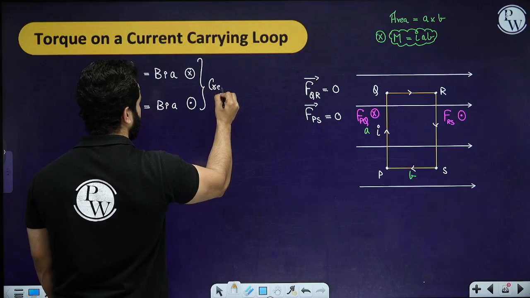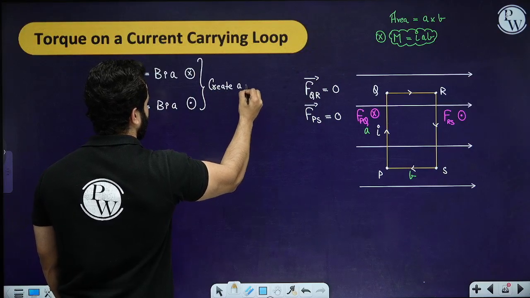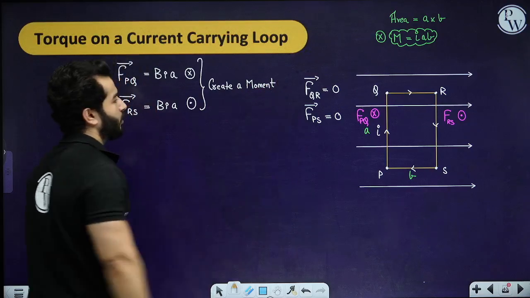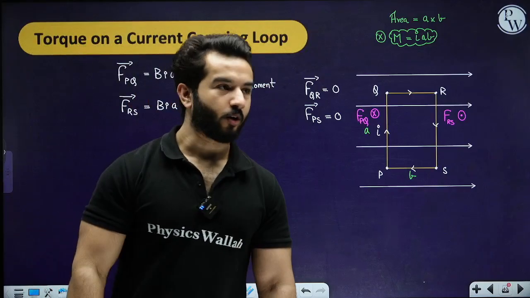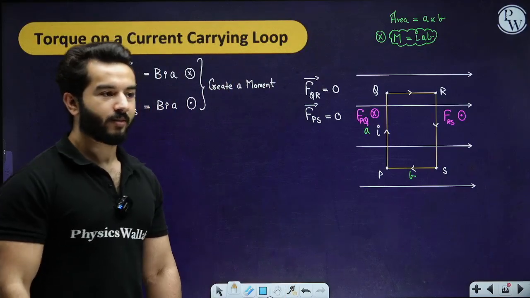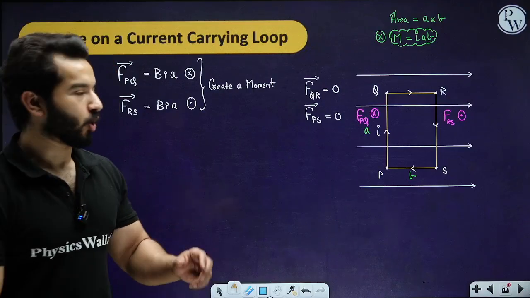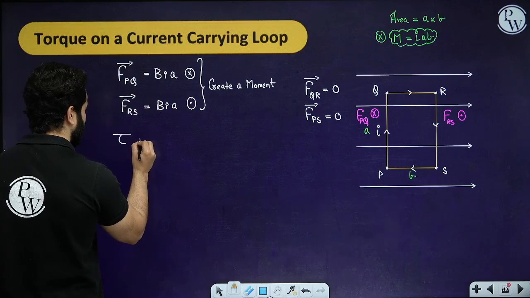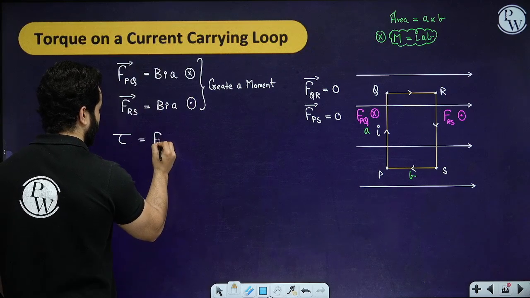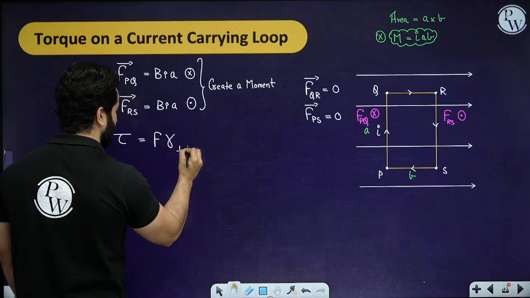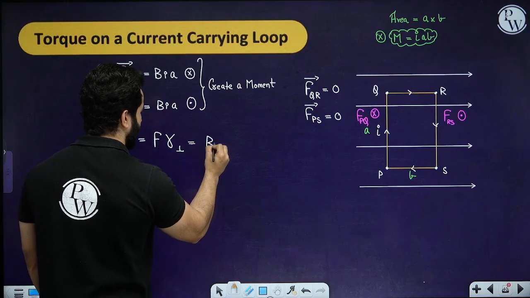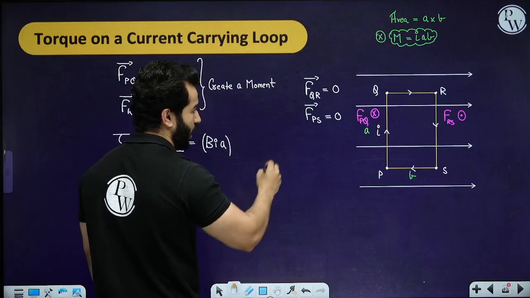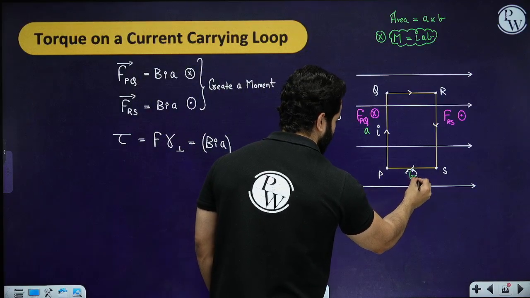So they will create a moment, not a moment that you are thinking about. They will create a torque, all right? They will behave like they will create a torque, and this torque can be written as F into R perpendicular. So F is BIA and R perpendicular is going to be this.